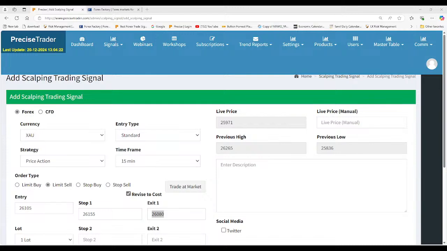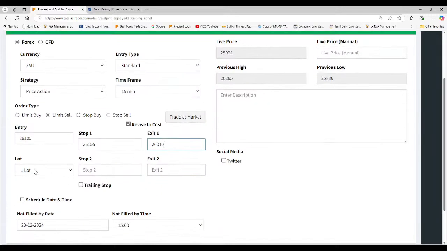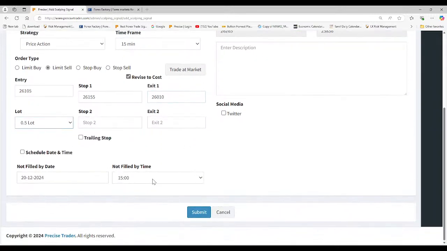Okay, we sell here 2598 or 2601. So we will try to exit at 2601, and this one we will put as half lot.